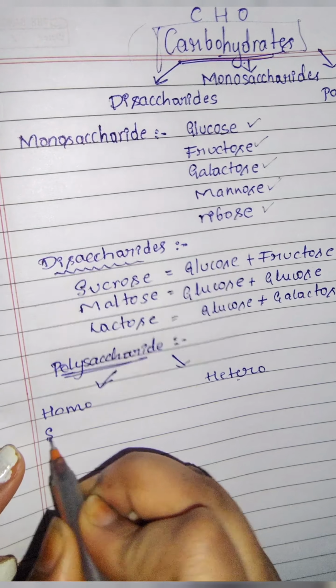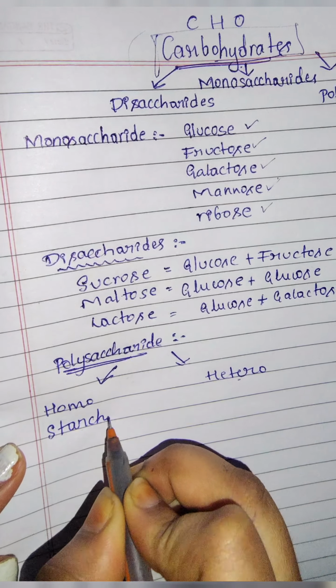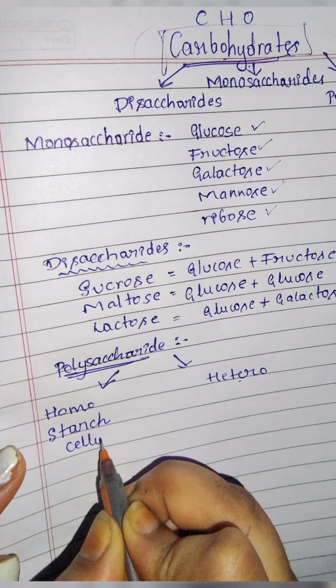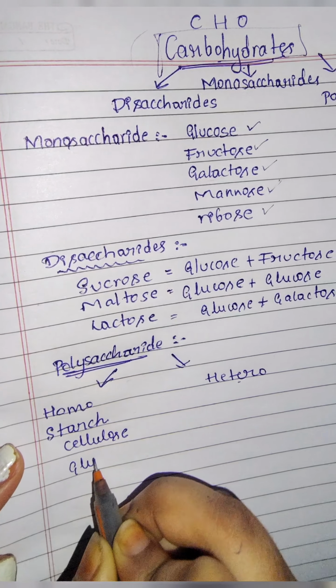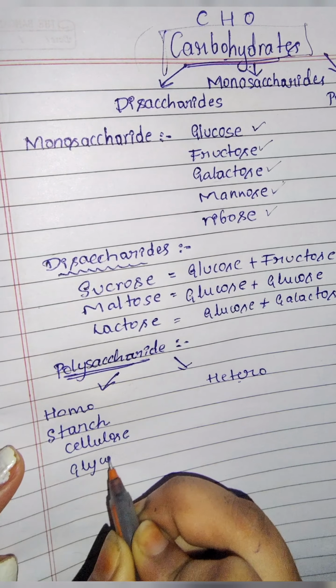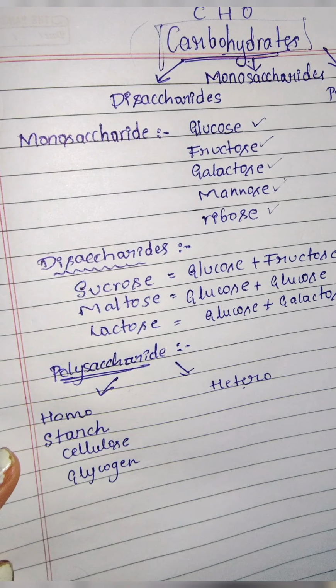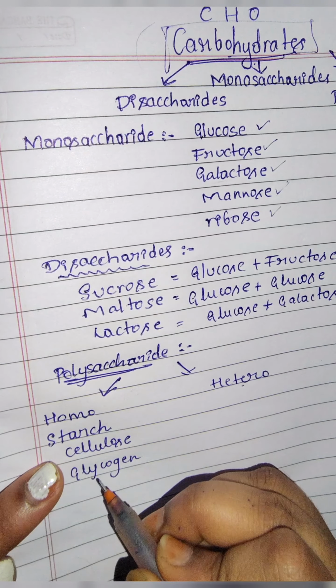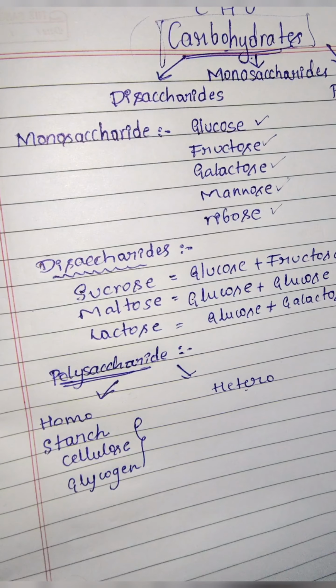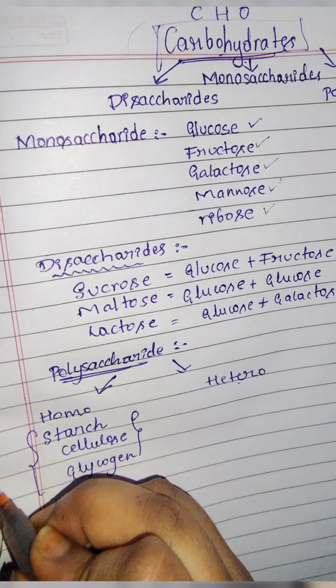For homopolysaccharides, we have the examples of starch, cellulose, and also glycogen. These three are made up of chain units of glucose.